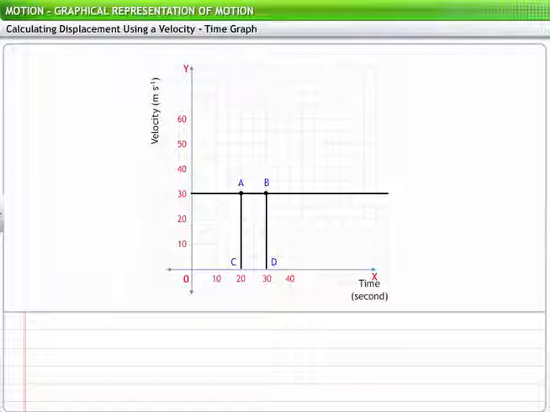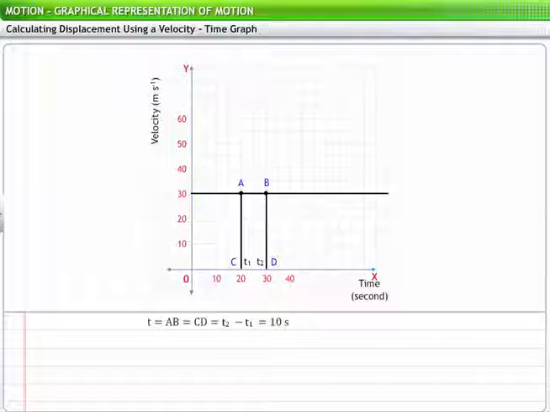The time taken, t, by the car to move from the position represented by point A to the position represented by the point B is the difference of time t2 and t1. We can say AB = CD = t2 - t1 = 30 - 20 = 10 seconds.